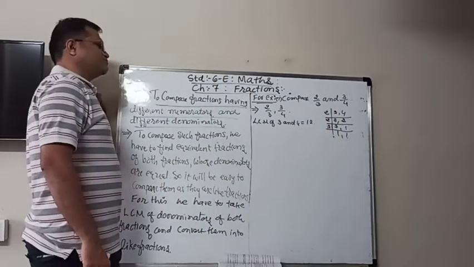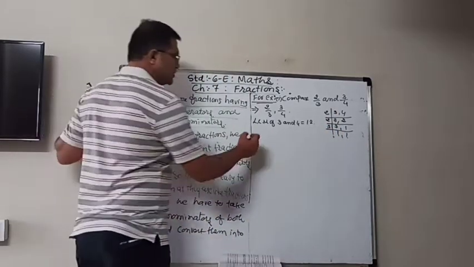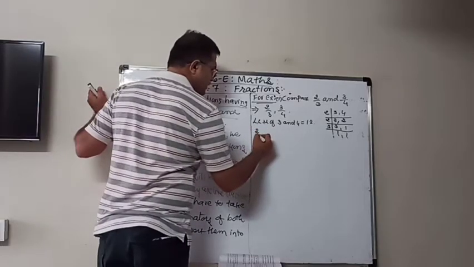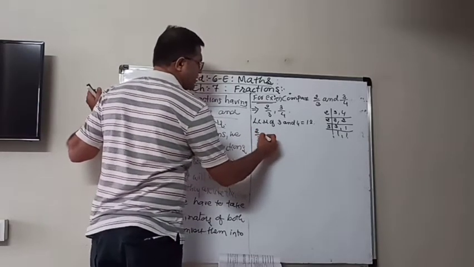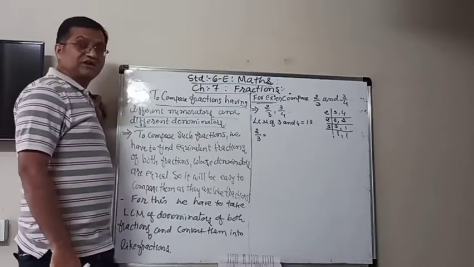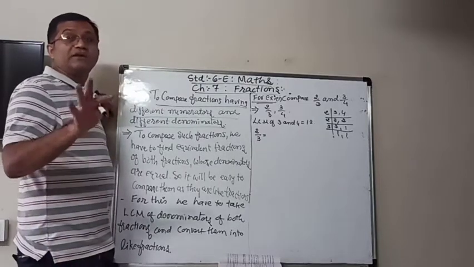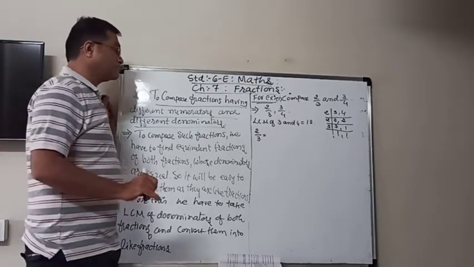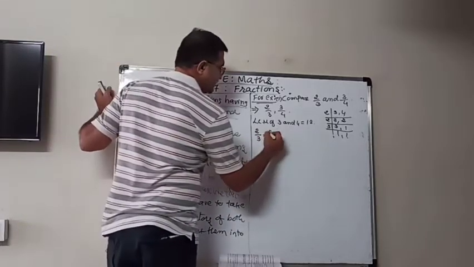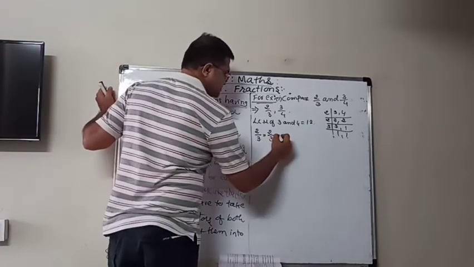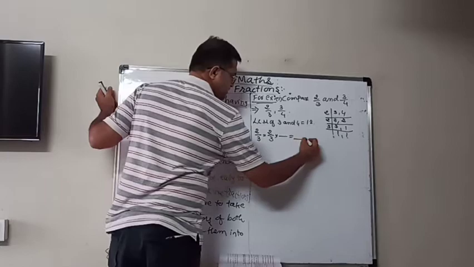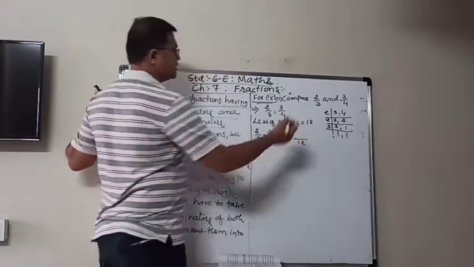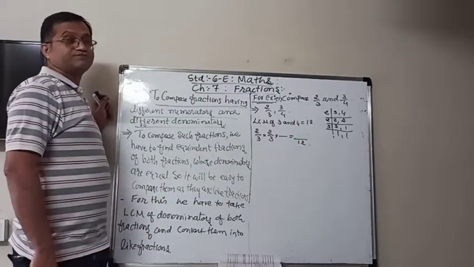So the LCM is 12. Now we have to find the equivalent fraction of 2 by 3 such that its denominator will be 12. So we have to multiply it with something such that its denominator will be 12.